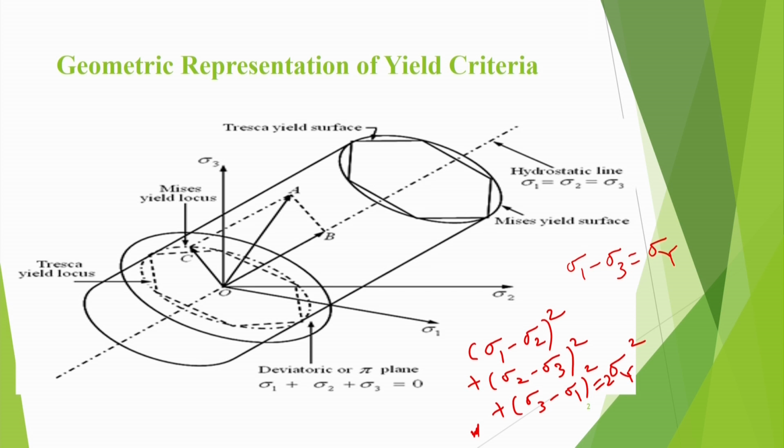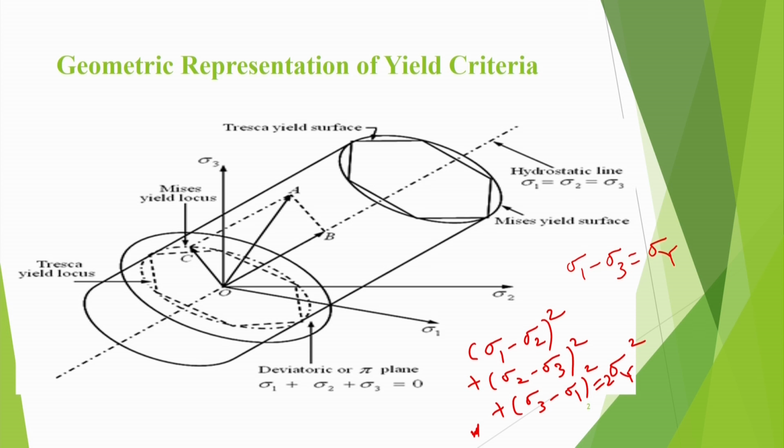Now what I am showing here is a diagram of the state of stress in the principal coordinate system. So I have got sigma 1, sigma 2, and sigma 3 here.